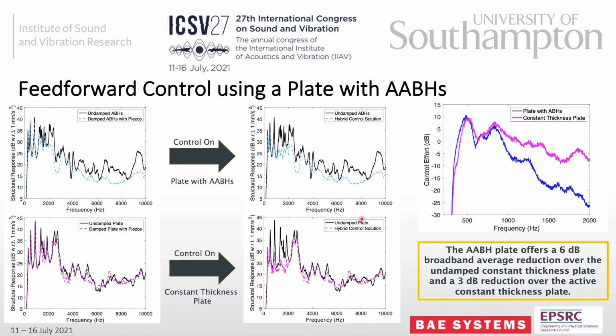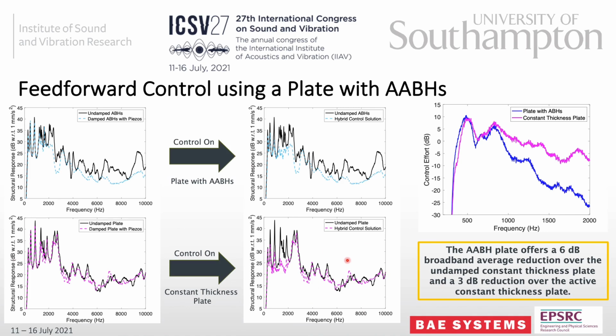And the difference between these two plates, as I've shown here in this box, is a 6 decibel reduction for the active acoustic black hole plate compared to the constant thickness plate without any treatment, and a 3 decibel reduction over the constant thickness plate with active control and treatment.